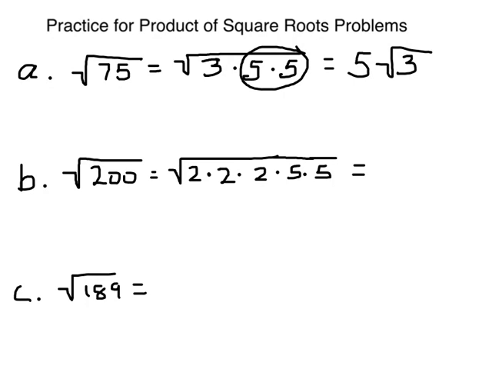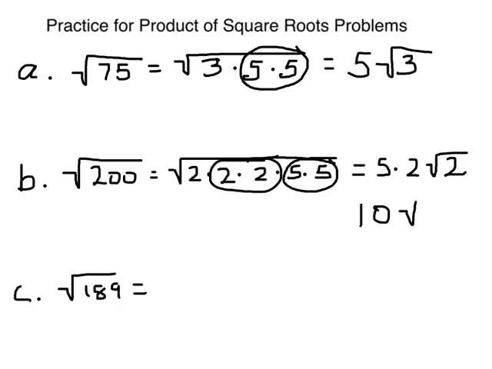Alright, I've got a pair of 5's, I've got a pair of 2's, and a square root of 2 left over. When I multiply these two, I get 5 times 2 is 10 times the square root of 2.